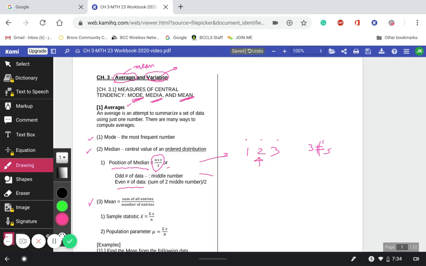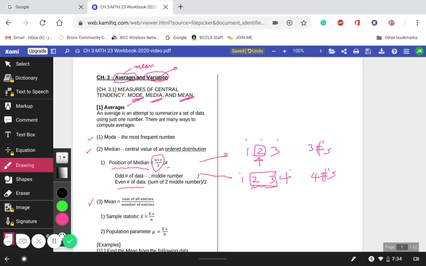But if you have 1, 2, 3, 4, how many numbers do you have? You have 4 numbers, an even number. Then where is the median? Well, there is no single middle location like we had with 3 numbers.